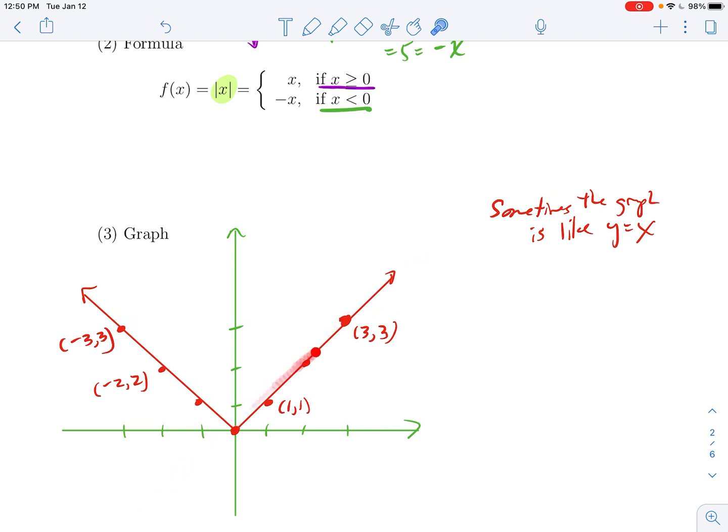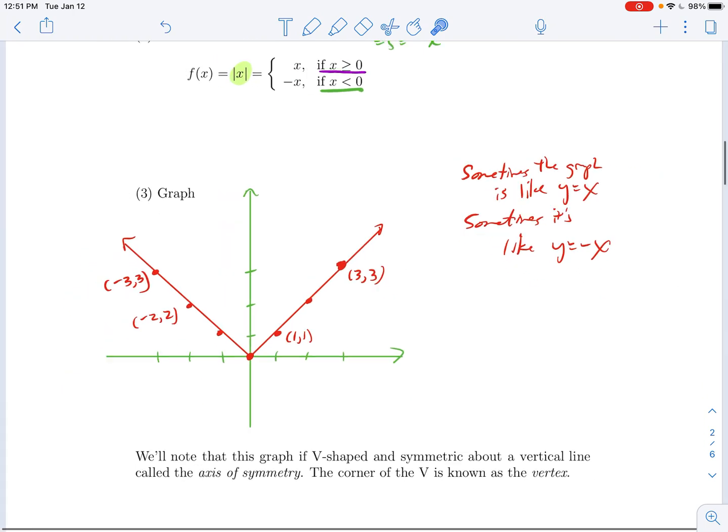The line y equals x goes like this. And sometimes it's like y equals negative x, which goes like this. And that ties to this formula. This is sort of an abstract way of saying I'm dealing with a function that sometimes looks like the graph of y equals x and sometimes looks like the graph of y equals negative x.